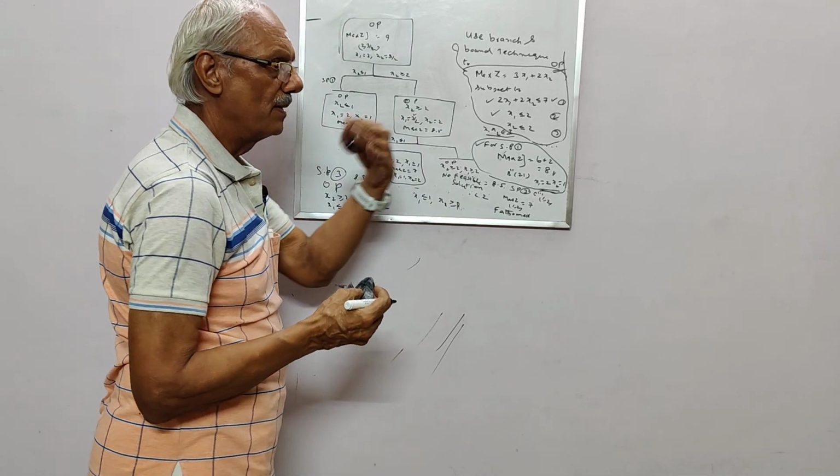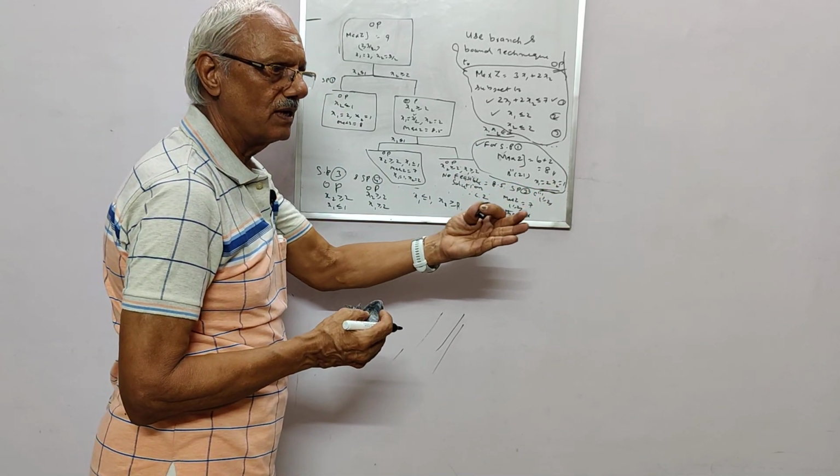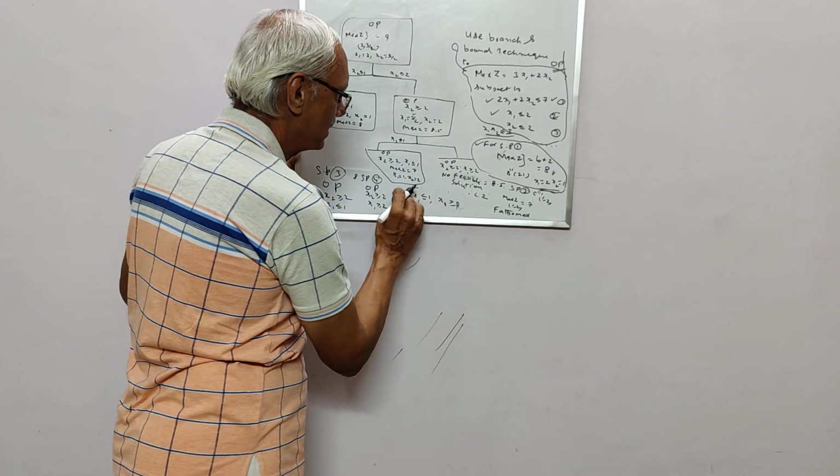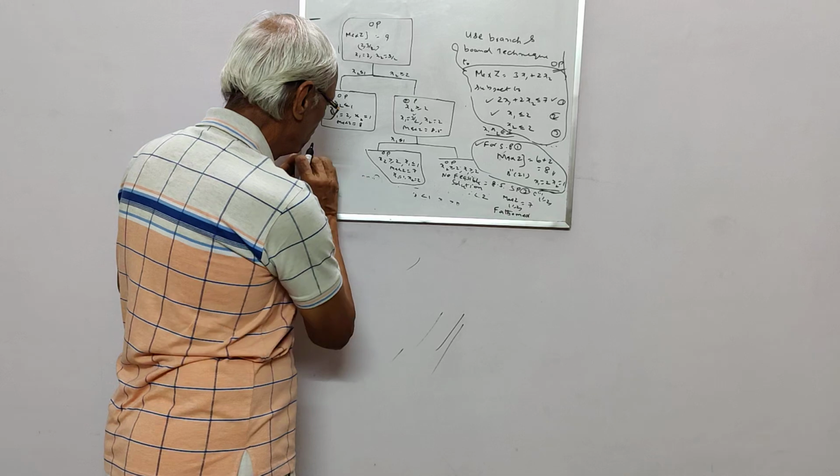I gave you the reason, because it is lying on the region where your solution set is not there. So this is discarded. So this is your flow chart.